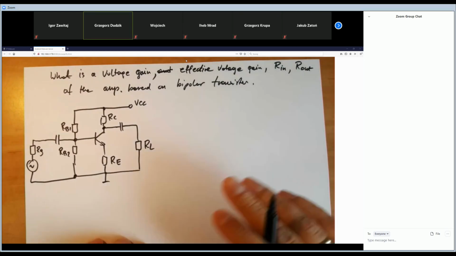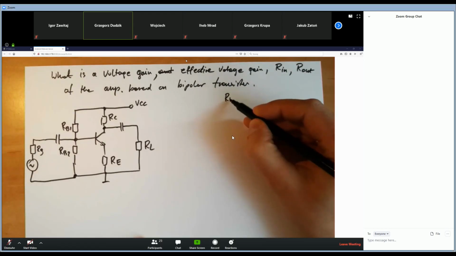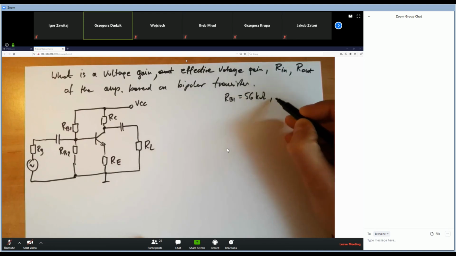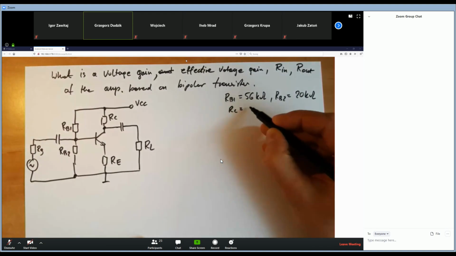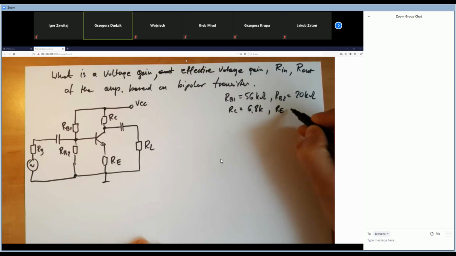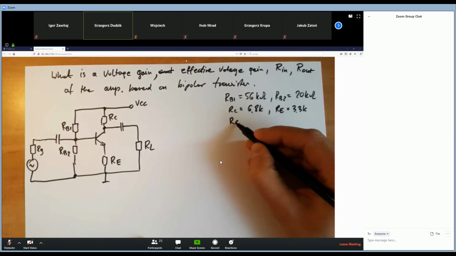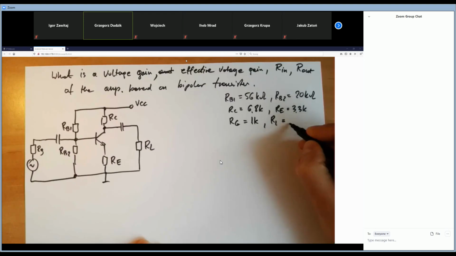The conditions for this example. RB1 is 56 kilo ohms. RB2 is equal to 20 kilo ohms. RC is 6.8 kilo ohms. RE is 3.3 kilo ohms. RG is 1 kilo ohm. RL is 10 kilo ohms.